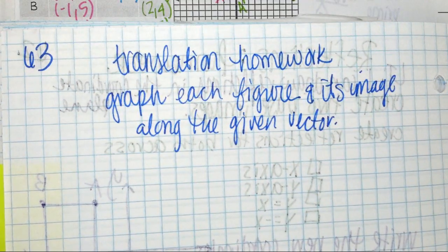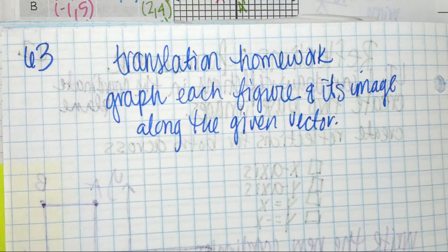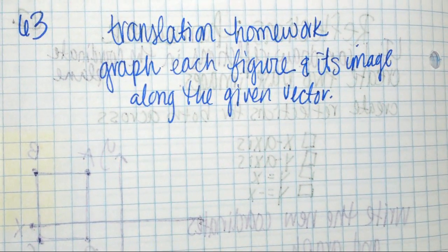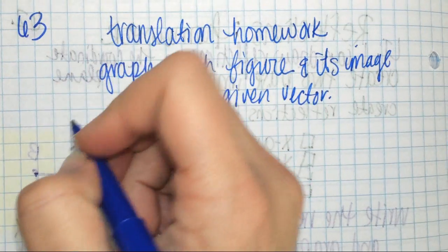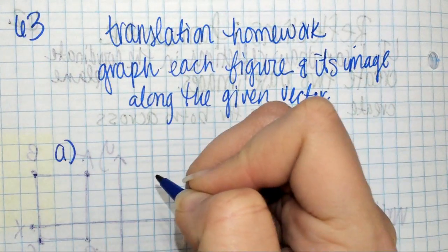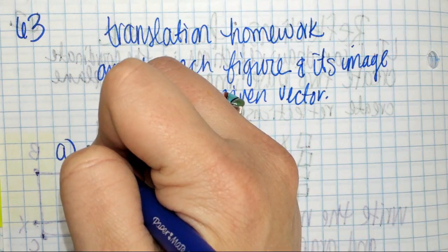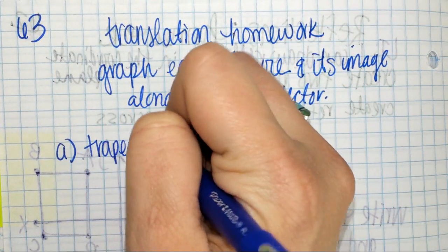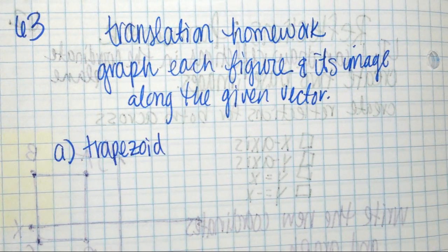So instead of giving you the problem with the mapping notation, it's going to be in vector notation. Graph each figure and image.